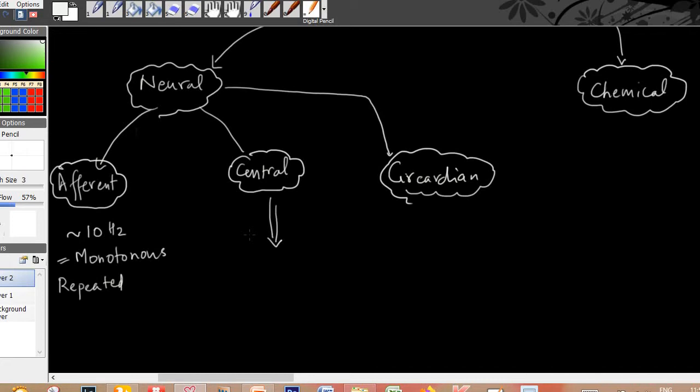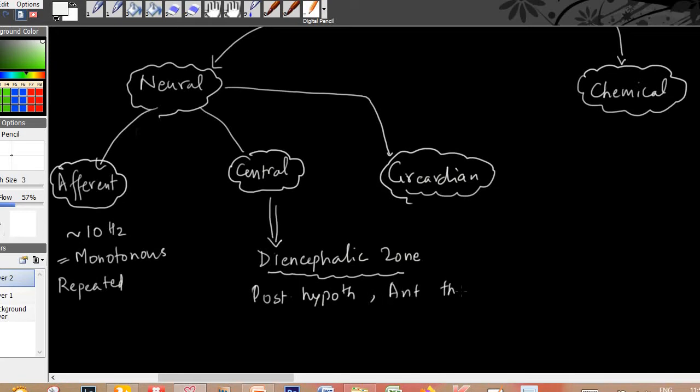The first is the diencephalic zone, which includes the posterior hypothalamus and the anterior thalamic nuclei.